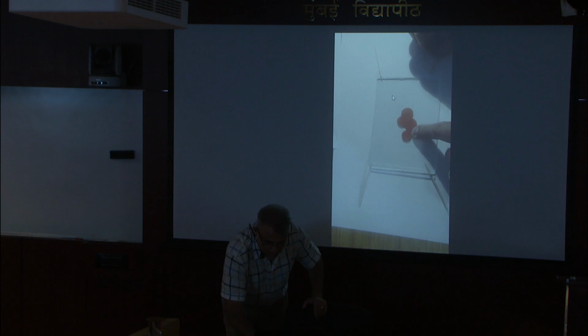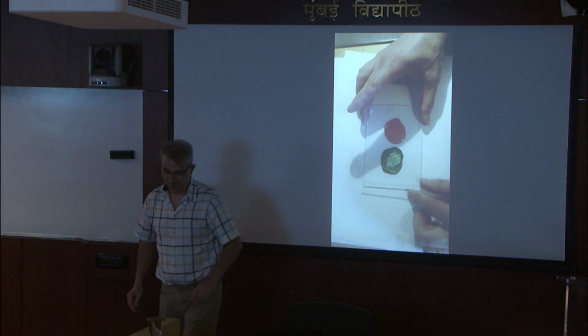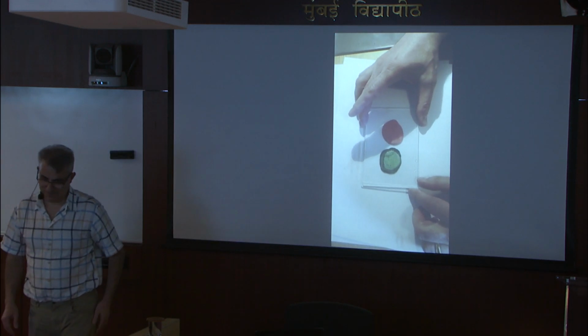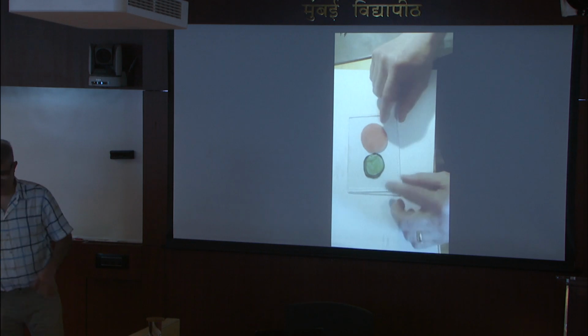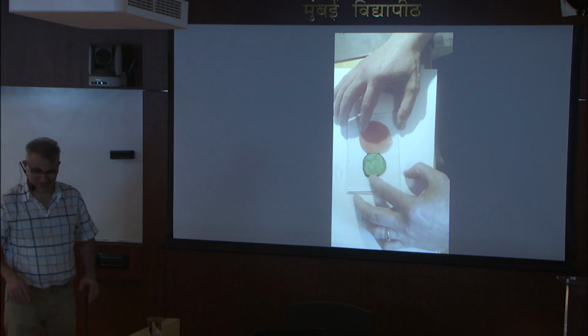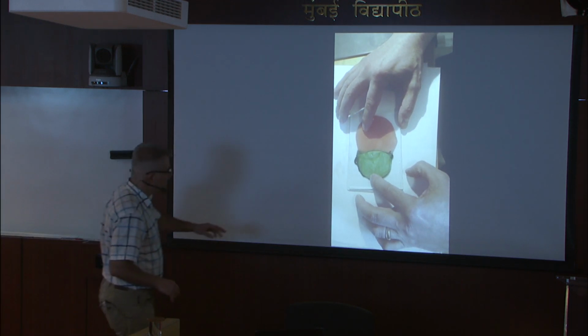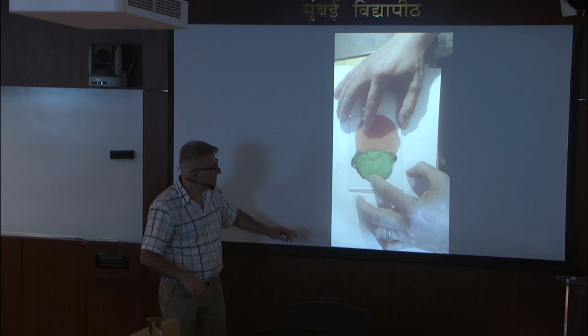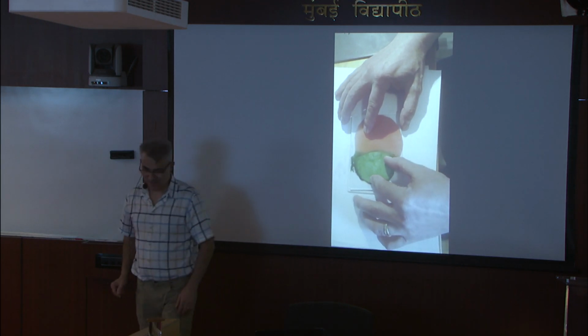This one is something similar, but it is a two-phase problem. These are the same shampoo, so this is mathematically incorrect, but I just colored it differently so you can see the difference. When you push it, you see that there is a very nice interface, and there is also a little bit of a mushy region that happens.